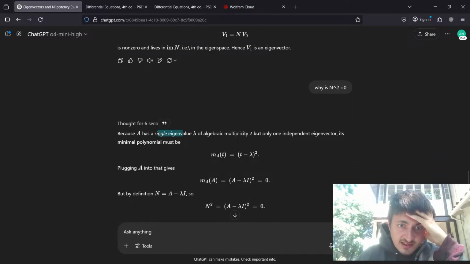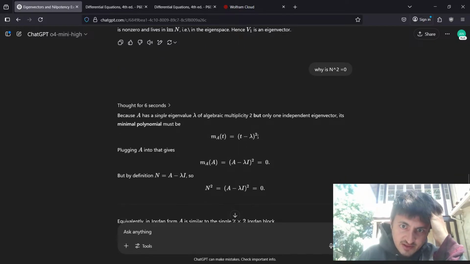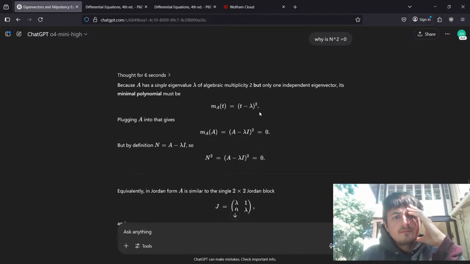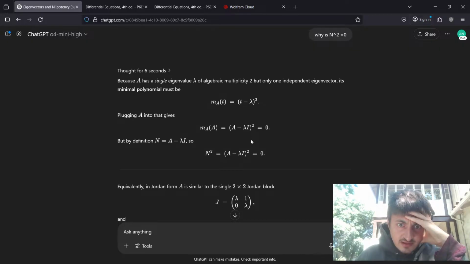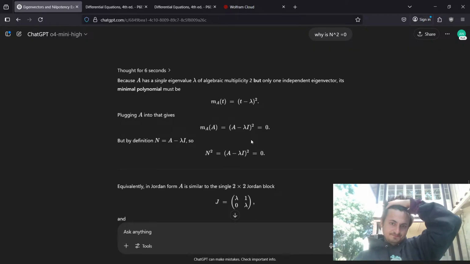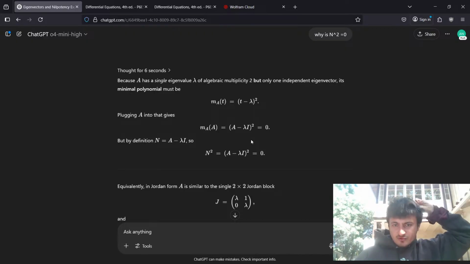Because A has a single eigenvalue lambda of algebraic multiplicity 2, but only one independent eigenvector, its minimal polynomial must be that, plugging A into that. Wait, what? See, I hate when it gives me stuff that's more advanced than I know.